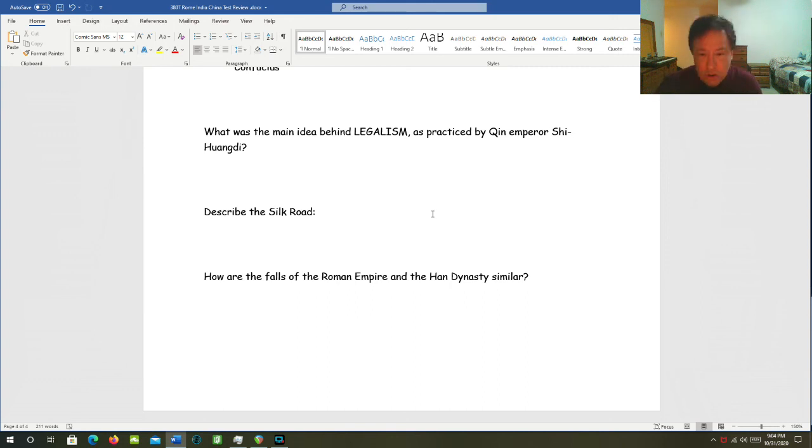Both falls featured corruption, weak emperors, barbarian invasions. Both empires were really too large to control and to manage. And this resulted in a weakening central control. Parts of both empires fell into the hands of generals and local warlords.